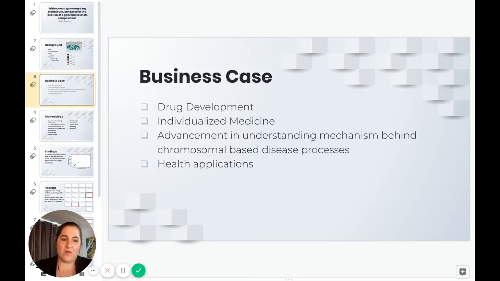And also, the amino acids are like the building blocks of the proteins that are made from this genetic information. So if we can understand their structure, maybe we can understand the mechanism behind some disease processes. So basically, there's a ton of different types of health applications, and the applications end where your creativity does.